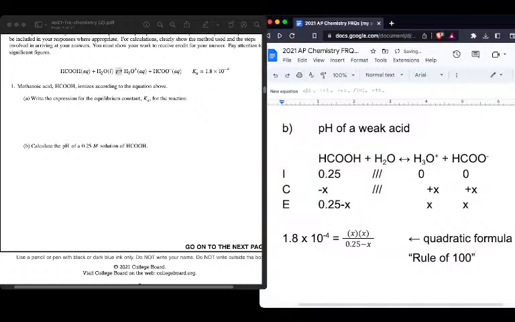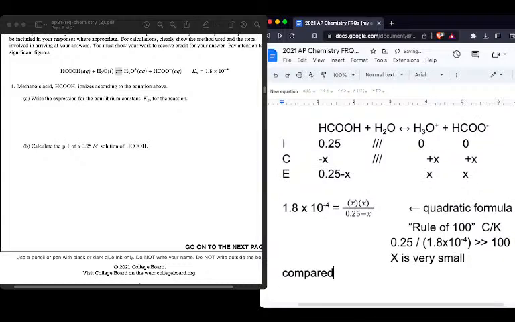The rule of 100 says that if you take the concentration you were given, in this case 0.25, and divide it by K, 1.8 times 10 to the power of -4, and that ends up being way more than 100, then you can say that X is very small compared to 0.25.